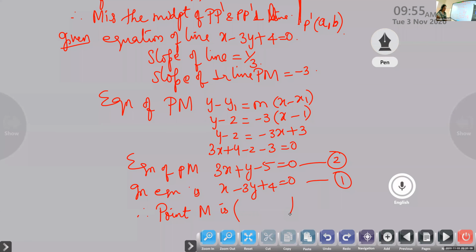Is this clear? Is it okay, Gauri? Nandana? Yes, ma'am. Now solve this and find out what is x and what is y.